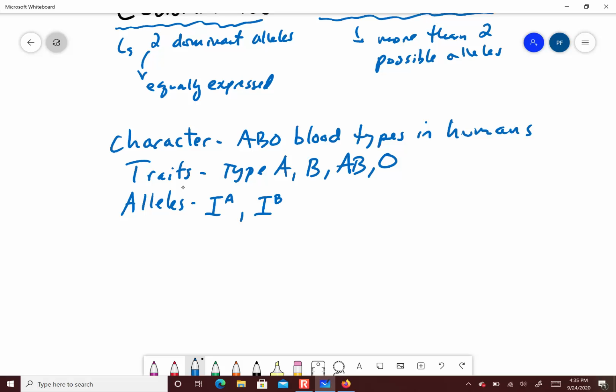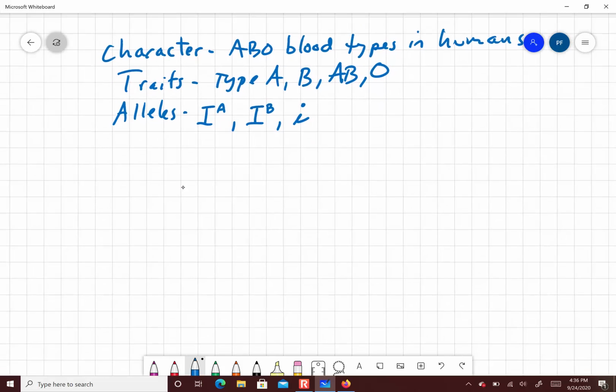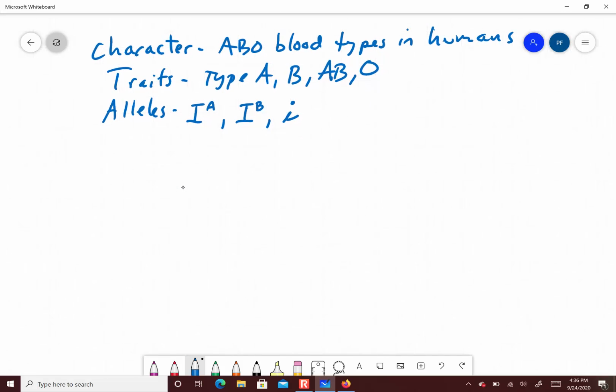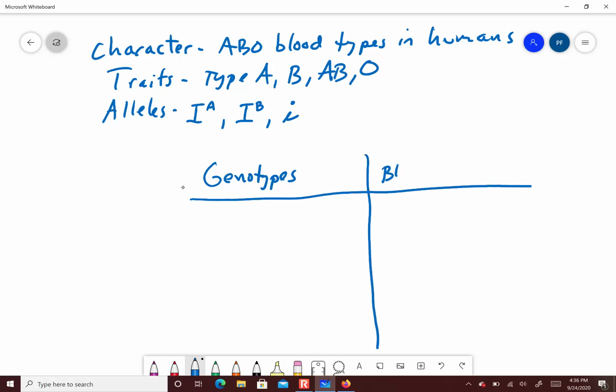So three alleles, two are dominant, so big I, and then superscript A or superscript B, so it's IA or IB, and then there is a recessive allele, little i. Okay, and then I want to make a table here for you. So if we look at a specific genotype, then what blood types do we get?